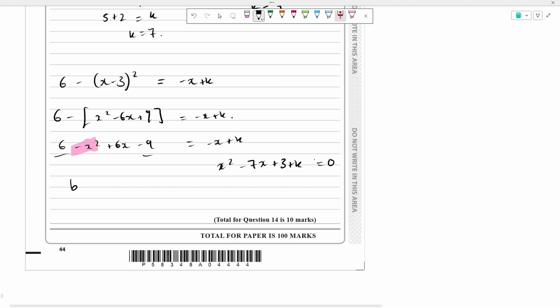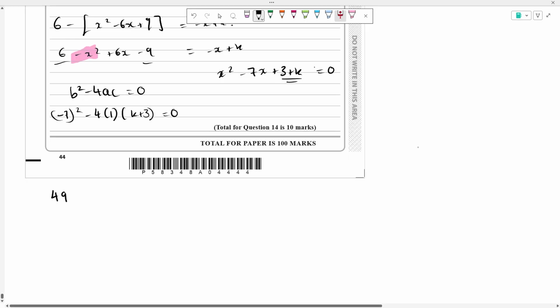Then what we're going to do is use the discriminant. b squared minus 4ac is equal to 0. So we're going to have (minus 7) all squared minus 4 times a, which is 1, times c, which is this constant here, is equal to 0.